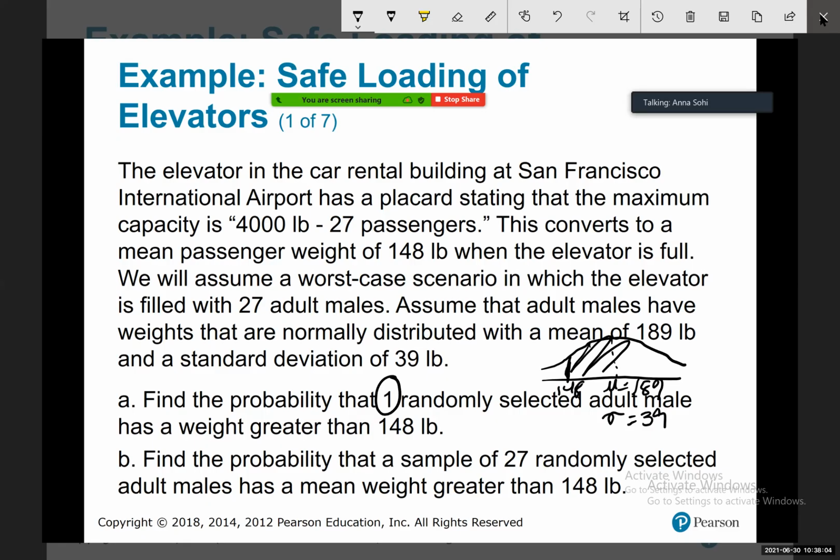You eyeball it. What command do I use here? Normal CDF. So you would say normal CDF: lower is 148, upper is 999, 189, and 39. So please find that and tell me what number you get.